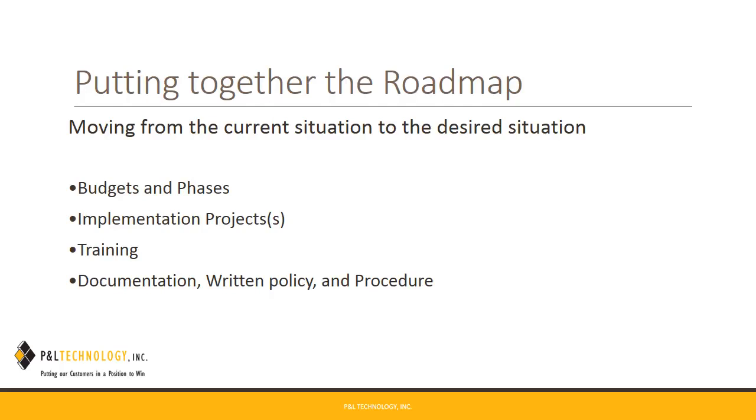Then as far as the plan, subsequent projects can then be addressed and put on a plan to address some of those less critical items that the organization still wants to implement, as those budgets come available. What we found working with nonprofits is a lot of times those phases involve fundraising.